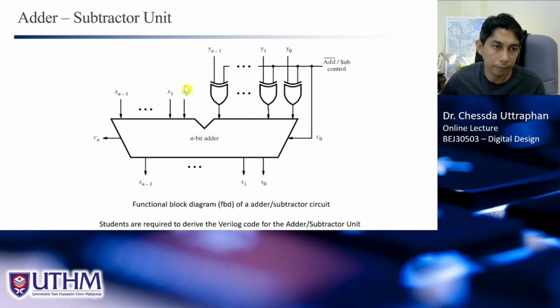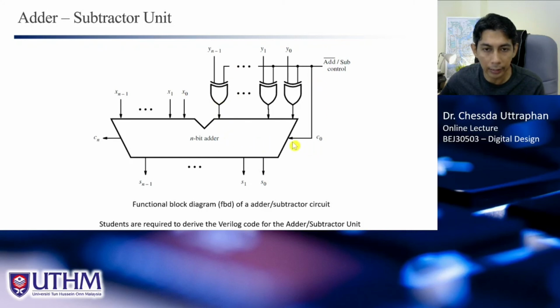We have input X here, N bit, so it can be 4 bit, 8 bit, 10 bit, or any number of bits. This is one input of the adder. This is another input of the adder, but this input Y is connected to this XOR gate before it enters the adder here.